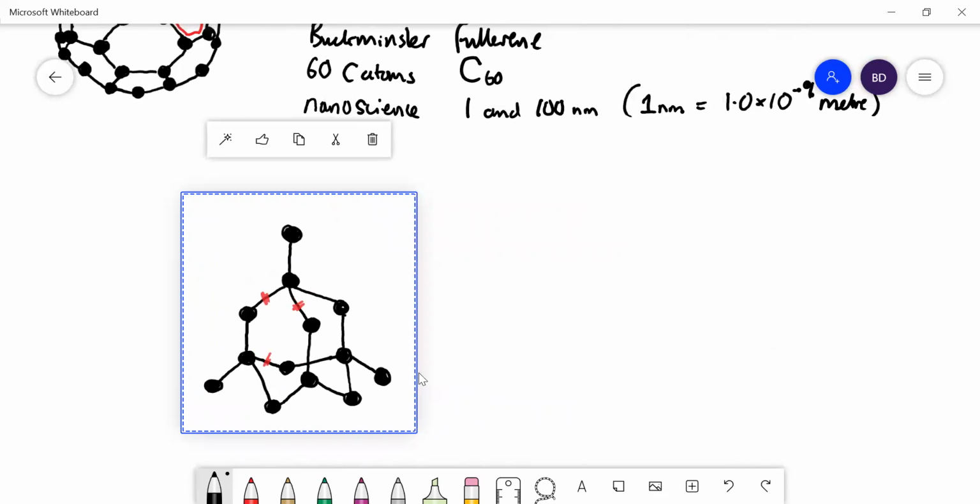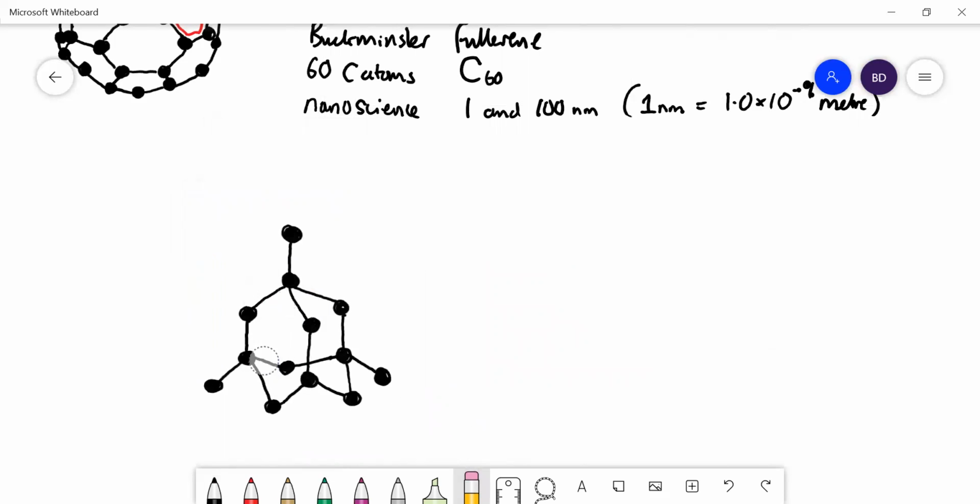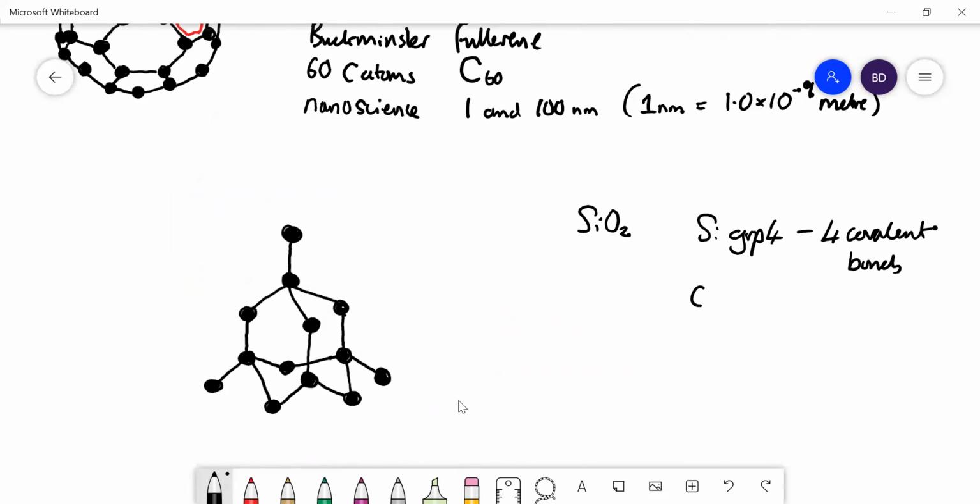Now each of those are carbon atoms. What I'm going to do here is there's a molecule called silicon dioxide, SiO2. Now silicon is in group 4 of the periodic table, just like carbon, so it always forms 4 covalent bonds. And oxygen is in group 6, so that likes to form 2 covalent bonds.